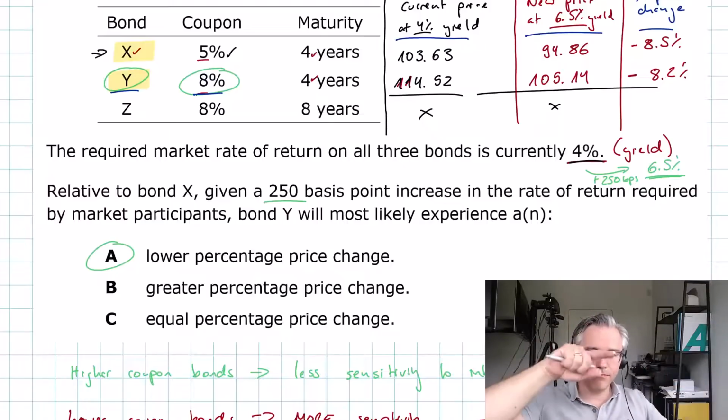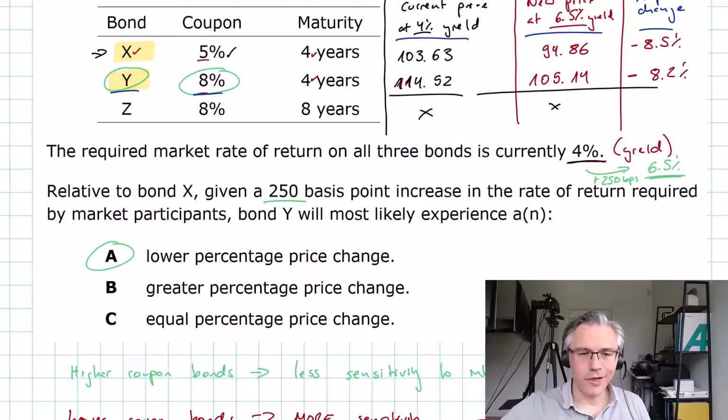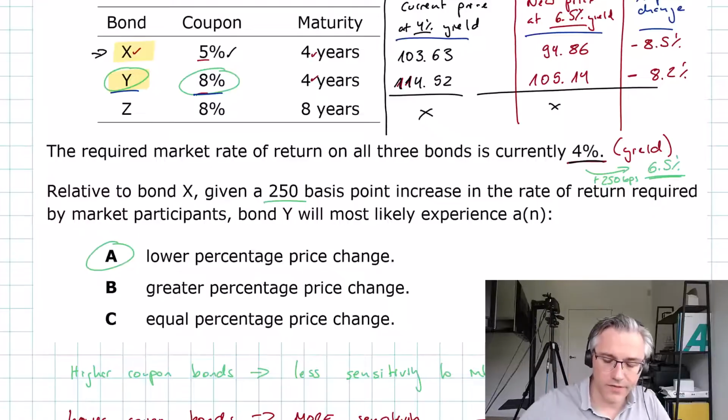You're raising to the power of, I don't know, 30, if it's a 30-year bond. With higher coupon bonds, more is received early, so the effect of discounting at a higher or lower rate will not be as severe. Okay, that's the coupon effect.